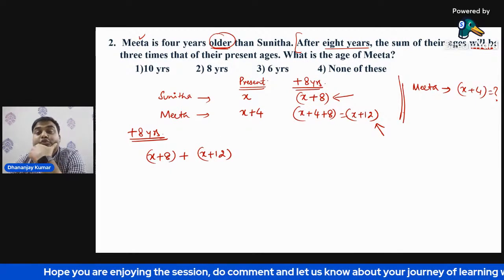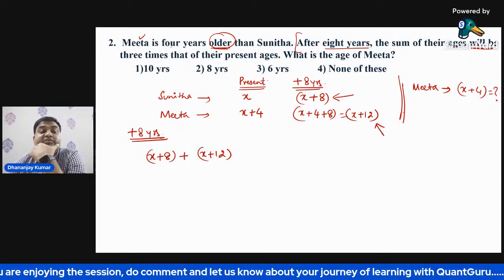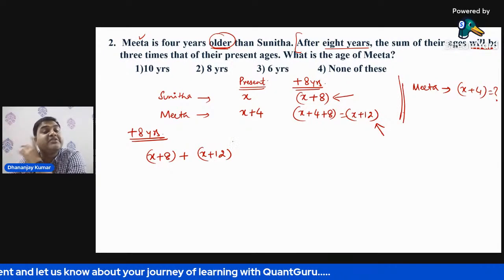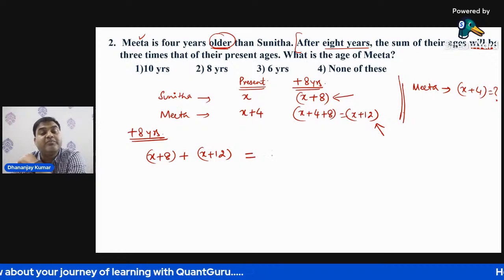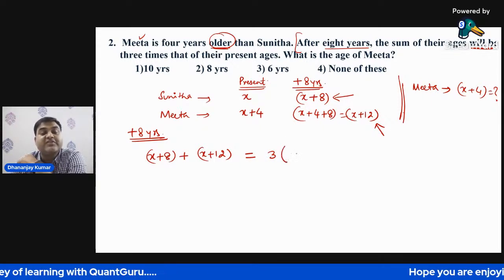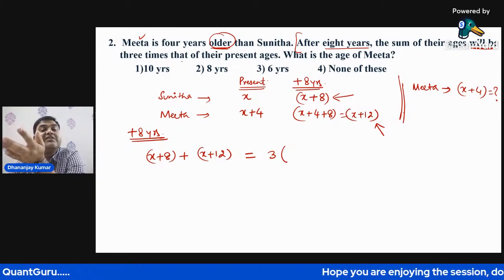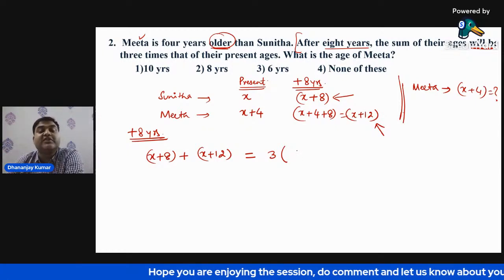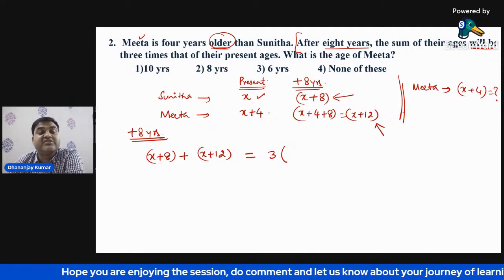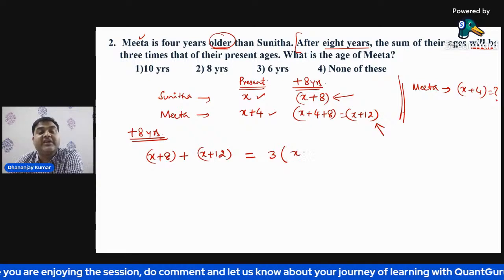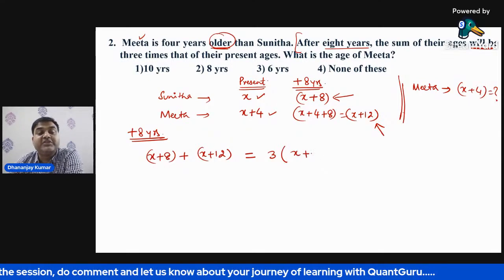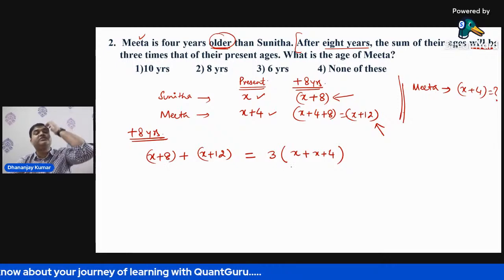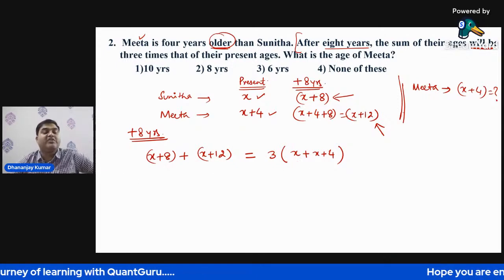Okay, so the sum of their ages will be 3 times that of their present age, equal to 3 times the sum of their present ages. Like what is Sunita's age? x. And what is Meeta's age presently? x plus 4. So this will be equal to 3 times of this sum, right? So that is the equation.